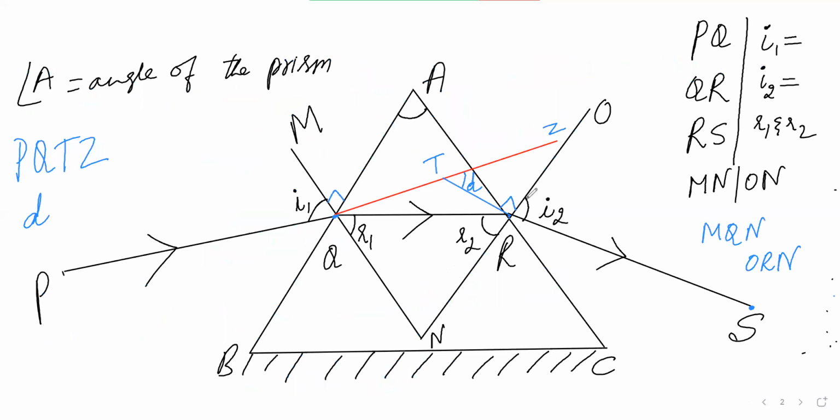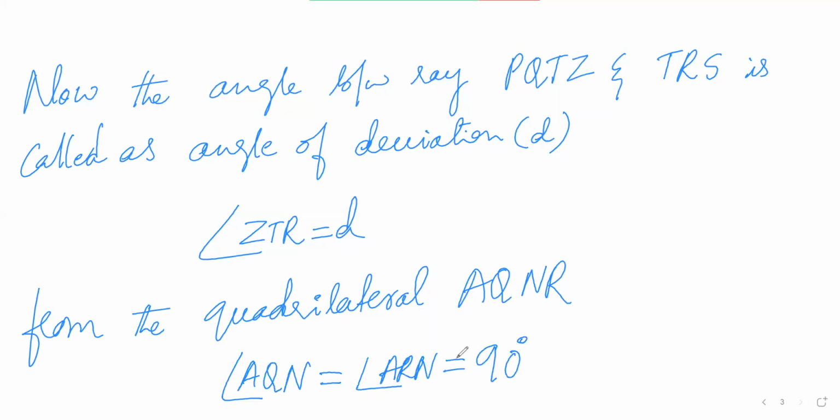Because it is making perpendicular to the surface normal, correct? So here 90 and here 90 and the other 2 angles are A and N, right? So now what we have to do here, shall I go to the next slide? Yes.